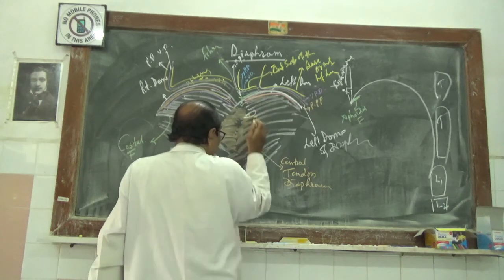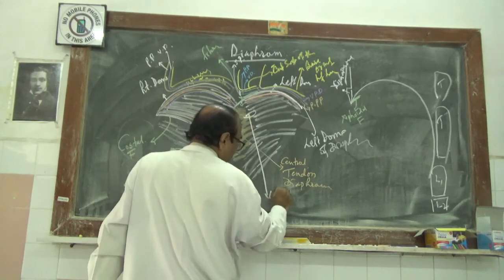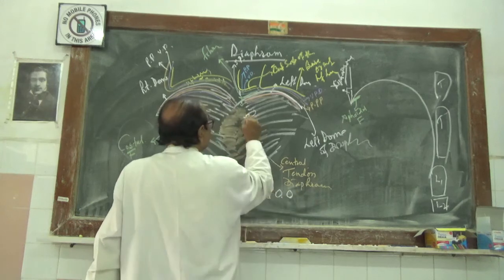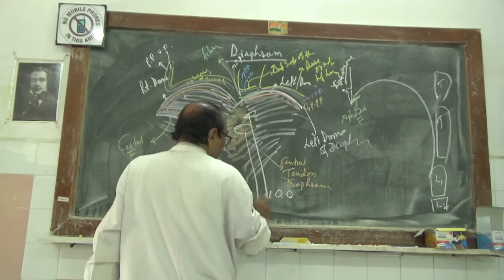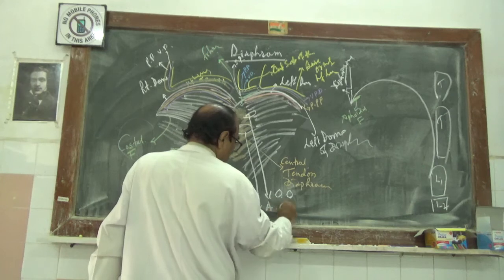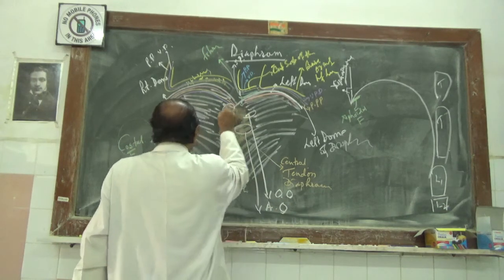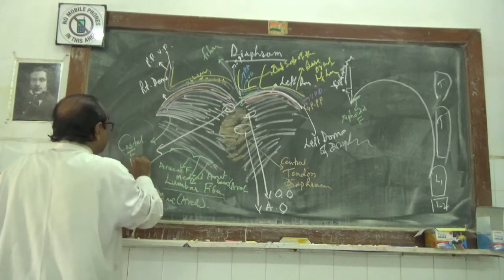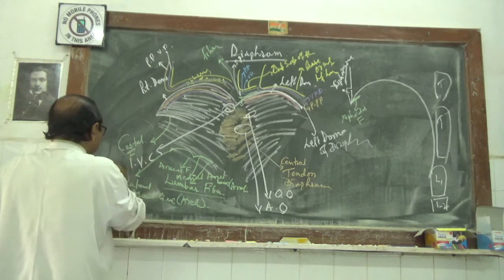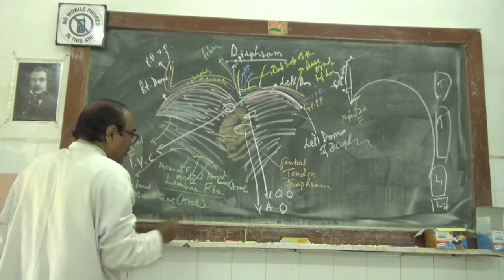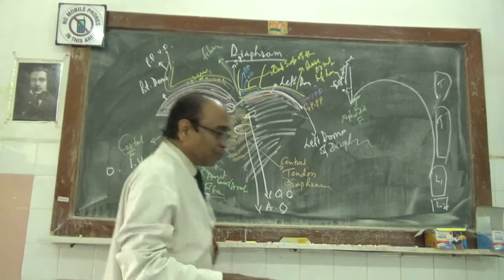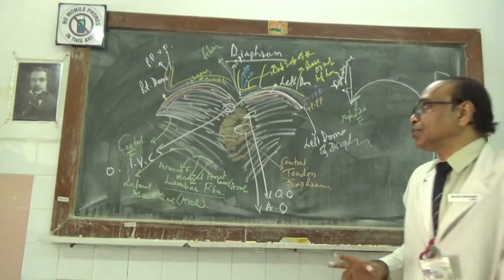Those openings are: one, the esophageal opening; then an aortic opening; then an inferior vena cava opening. All three O's are there, but for different things.